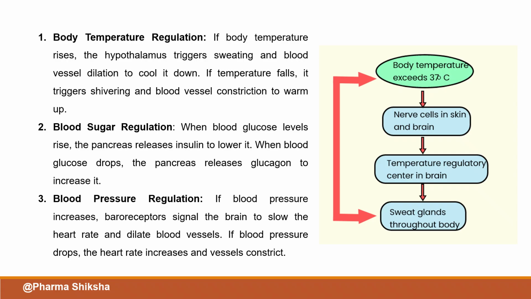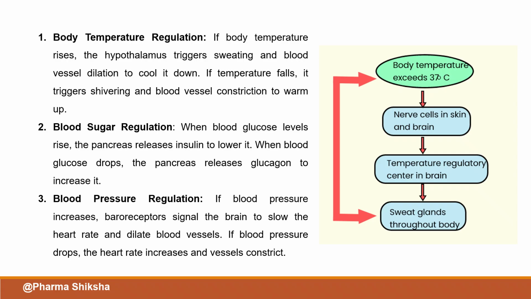The first one is body temperature. For example, you are in a desert area and the body temperature is raised. In that case, the hypothalamus detects it and triggers the sweat glands to start sweating. Once the sweating starts, there will be vasodilation, so the body is cooled off with the help of sweat.